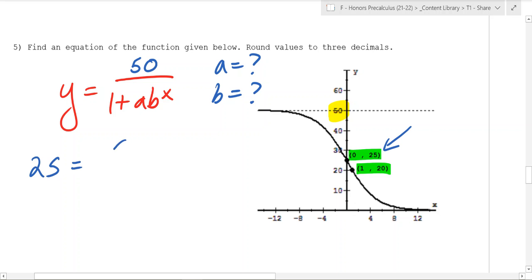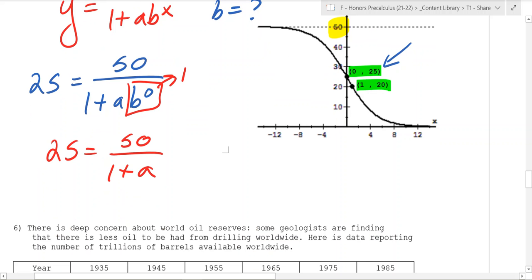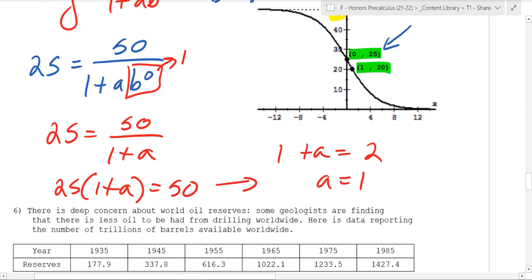So 25 is equal to 50 over 1 plus ab to the 0 power, but anything to the 0 power is 1. So 25 is equal to 50 over 1 plus a. That means 25 times 1 plus a is equal to 50. Divide by 25 and you get 1 plus a is equal to 2, so a is equal to 1.